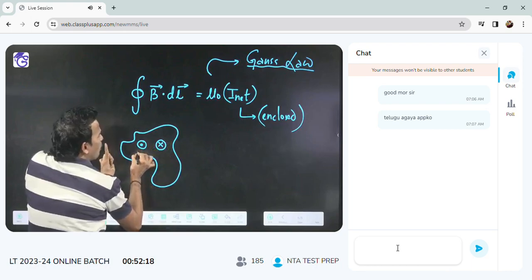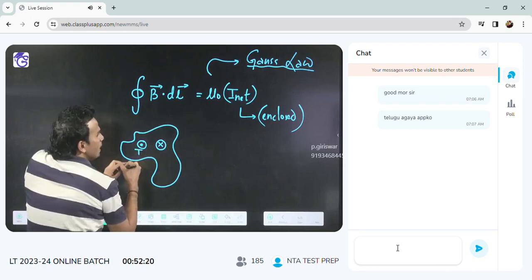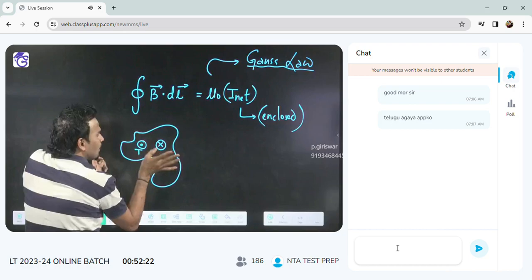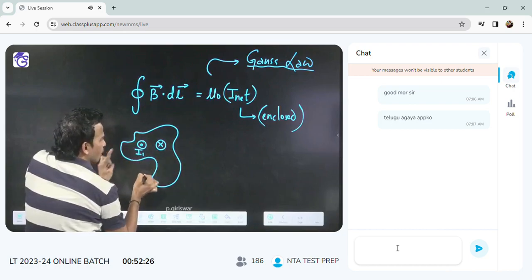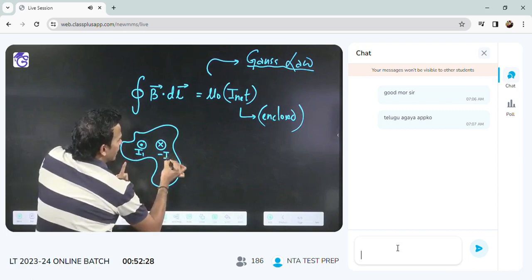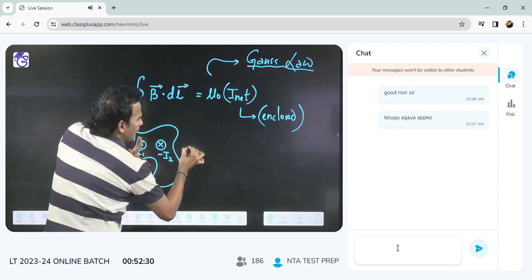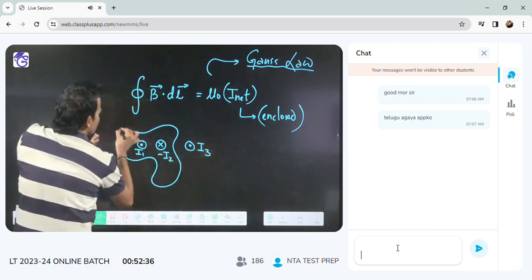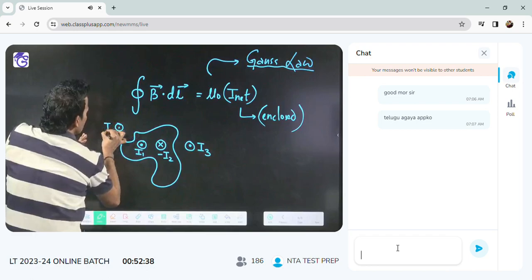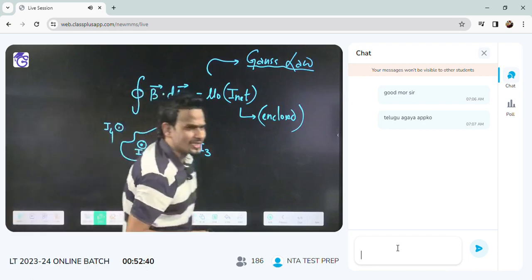Always remember, outward current we take positive, inward current we take negative. You can take either as positive, the other becomes negative, but generally outward is positive. No problem. Some current may be outside also. Let's assume here current I3 is there, and here current I4 is there. So what does Ampere circuital law say?